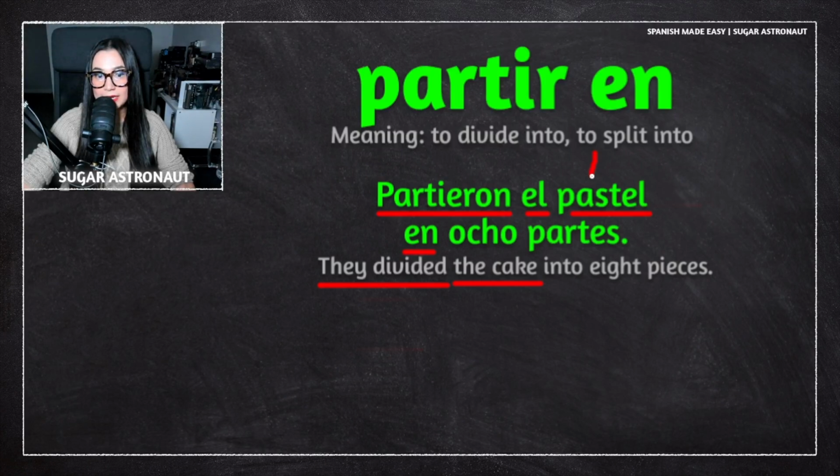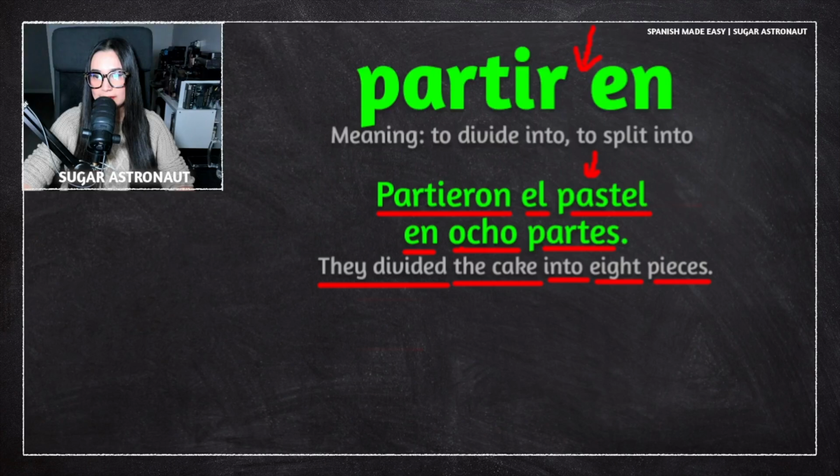So we can have a noun in the middle of the phrase, okay? Partieron el pastel en, they divided the cake into, okay? Ocho means 8, the number 8. Partes means pieces. Partes, pieces.